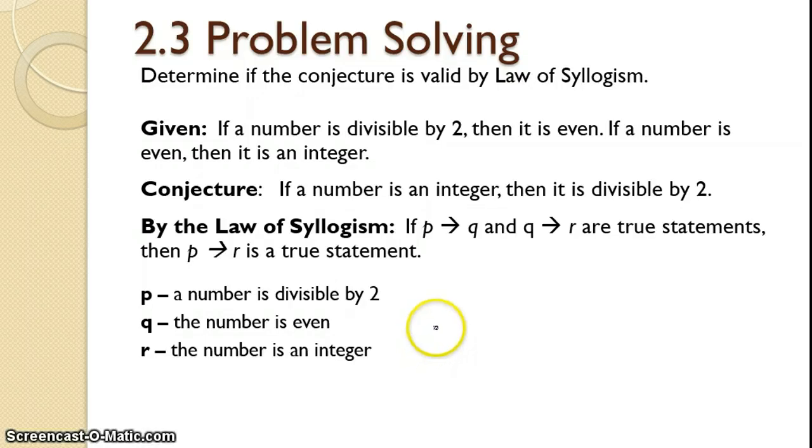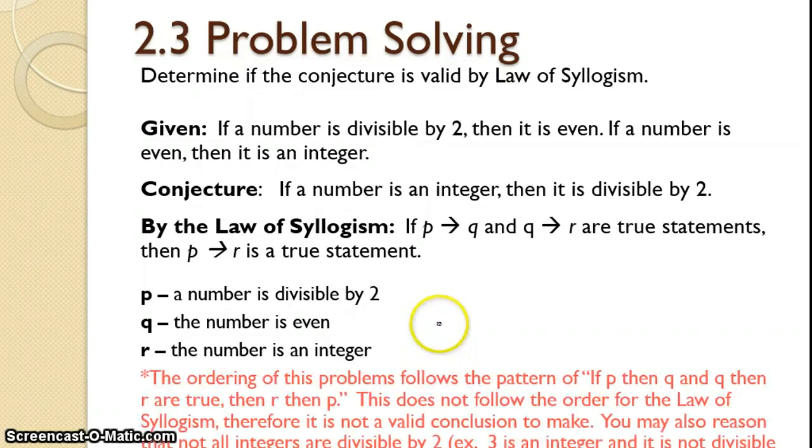I hope you're thinking that it's not, right? Because the ordering of this problem does not follow the form if P then Q and Q then R are true, then P then R. It does not follow the order. Therefore, it is not a valid conclusion. I hope that you also used your reasoning that not all integers are divisible by 2, right? For example, 3 is an integer.